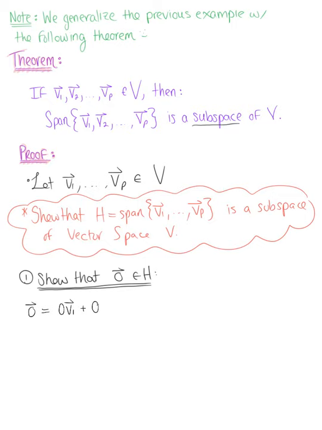So I have 0 times vector v sub 1, 0 times vector v sub 2, all the way up to 0 times vector v sub p. And since the span is the collection of all possible linear combinations, we know that the 0 vector is in H, which is defined by the span of all these vectors. So we have the 0 vector is in H.